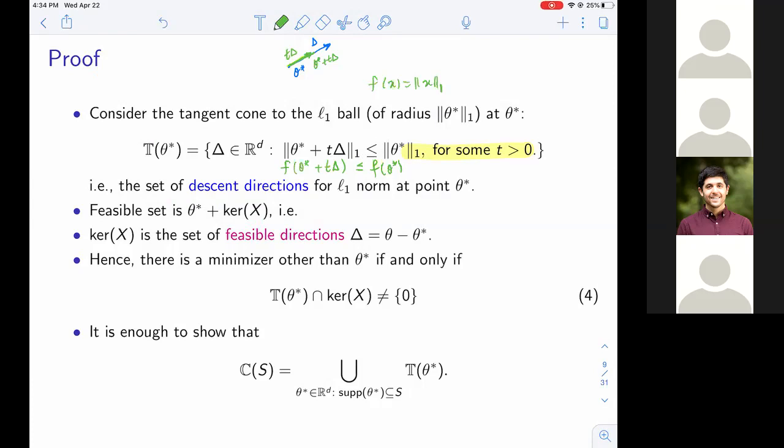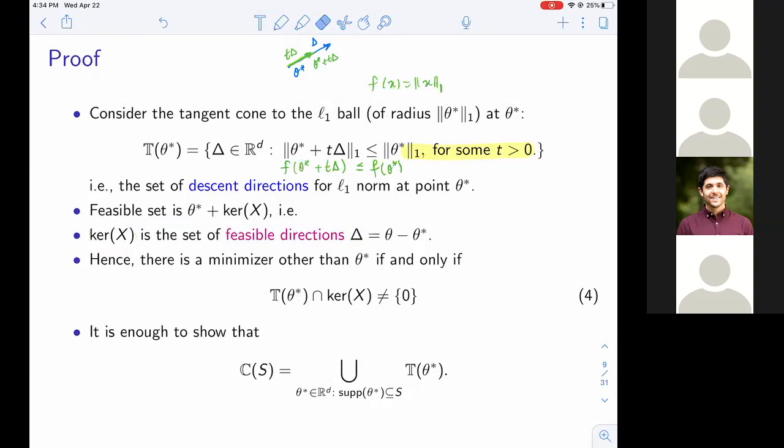So if you take any theta and look at theta minus theta star, this direction is going to be feasible if this direction is in the kernel of X. Okay, so if theta minus theta star is in the kernel of X, then theta satisfies the linear system.